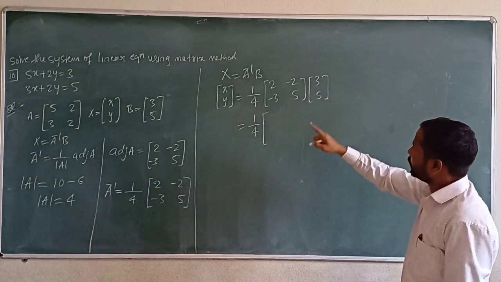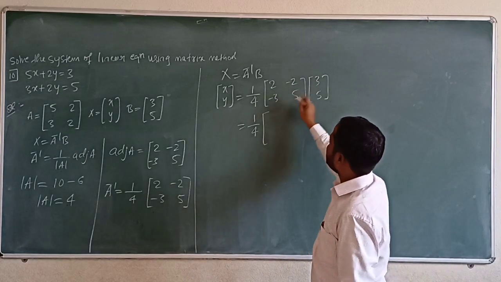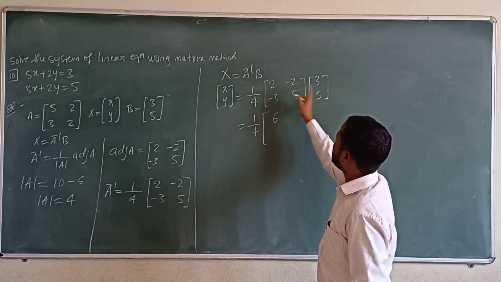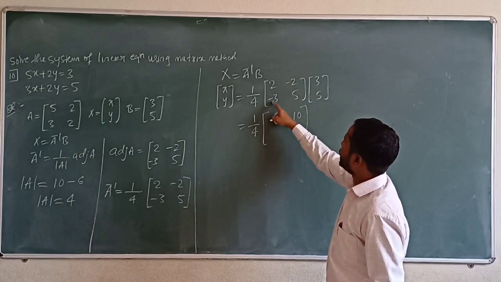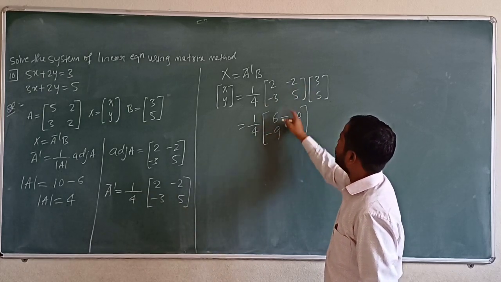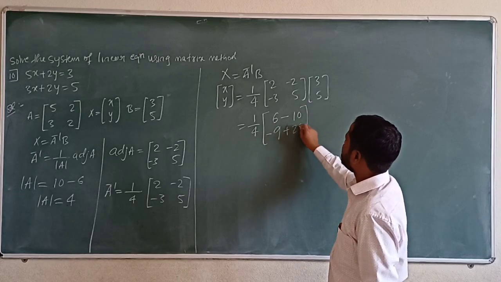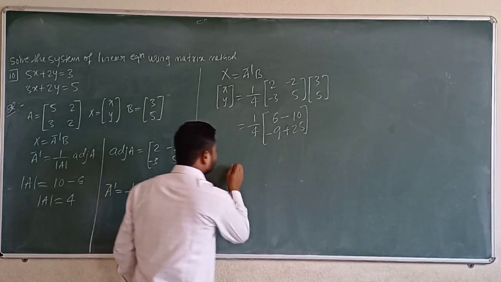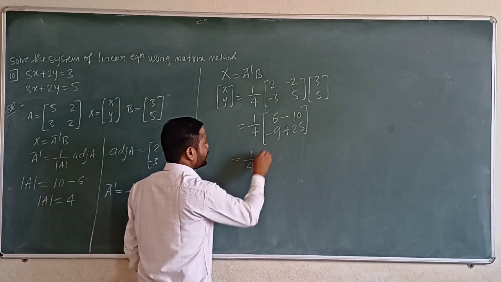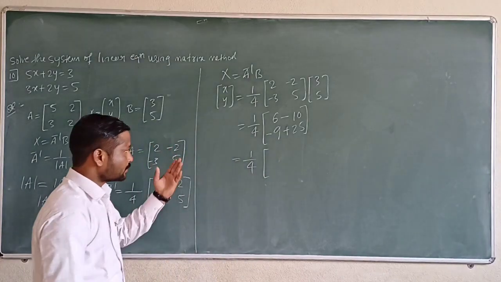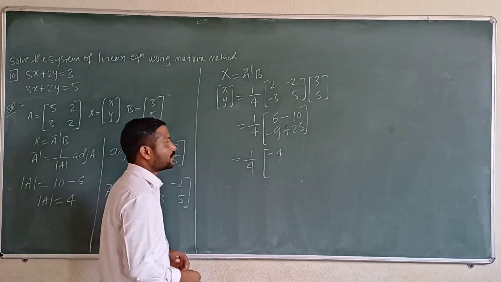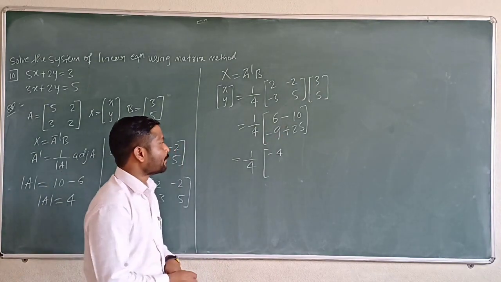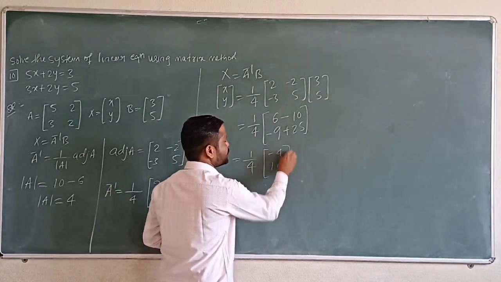Now multiply, first row first column, plus into plus, plus 2 3s are 6, minus into plus, minus 2 5s are 10, minus into plus, minus 3 3s are 9, plus into plus, plus 5 5s are 25. 1 divided by 4 into 6 minus 10, that is minus 4. Next, 25 minus 9 is 16.